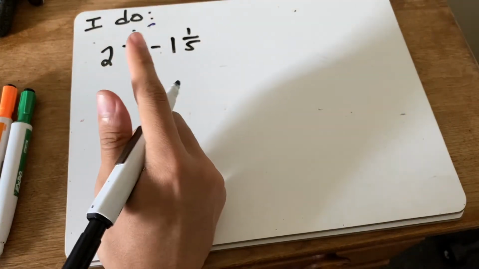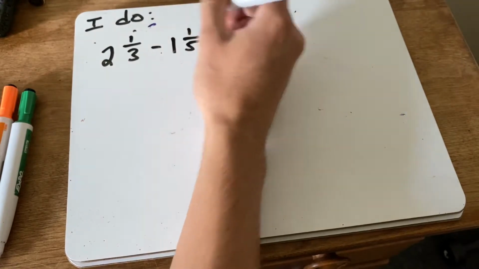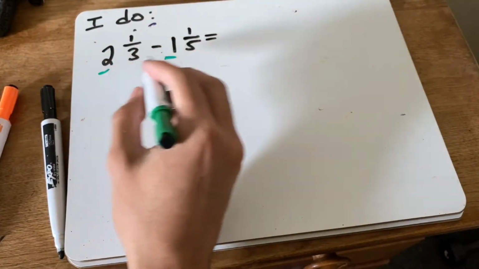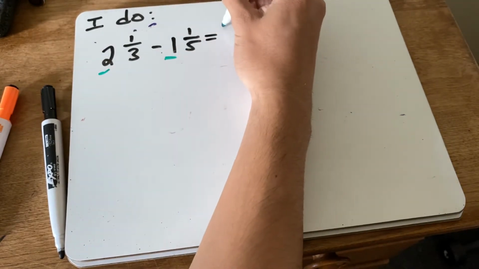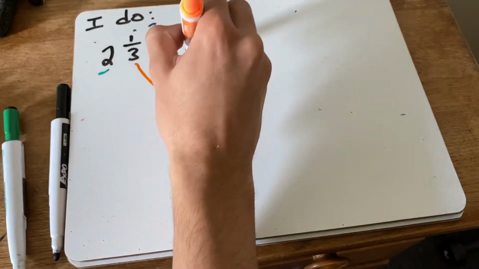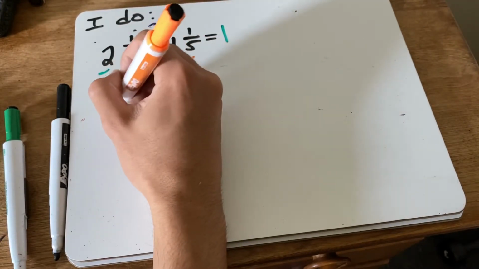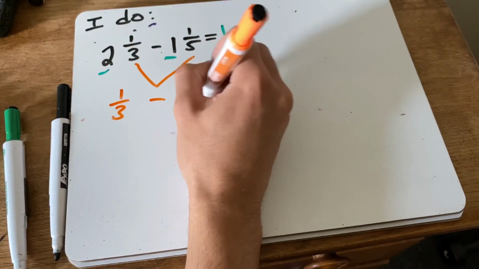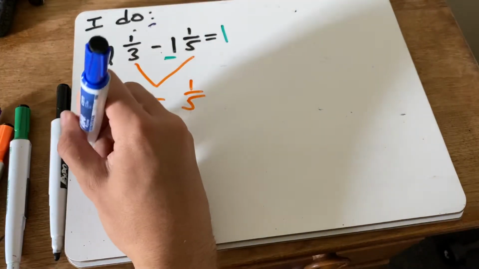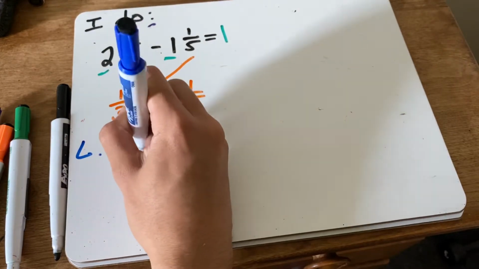Now, again, let us just go ahead and subtract our whole numbers first. 2 minus 1, 1. And then, let's go ahead and worry about our fractions. I have 1 over 3 minus 1 over 5. We're going to find our LCD, our least common denominator.